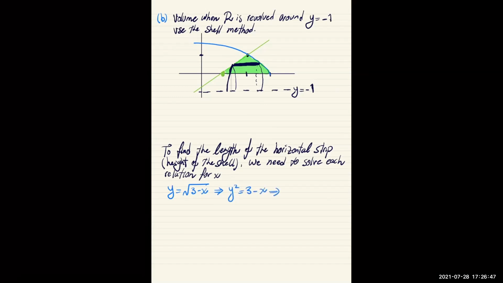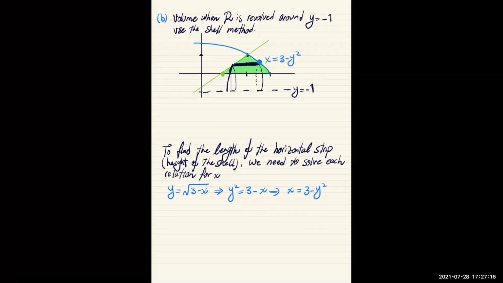And then move the x over and solve for x. You get x equal to 3 minus y squared. That's the equation of that half parabola, x equal to 3 minus y squared.